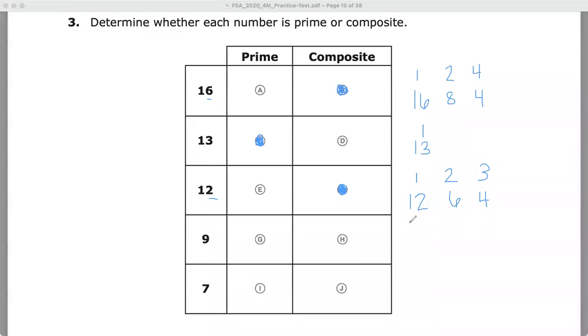Okay, the number 9, 1 times 9 and 3 times 3. So this one is a composite number, many factors. And then the number 7, 1 times 7 is a prime number.